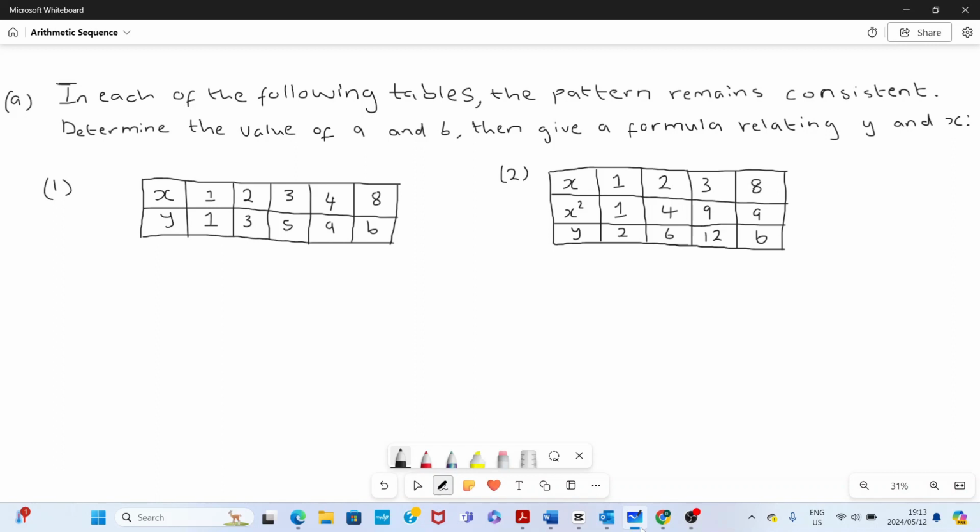So it reads as follows: in each of the following tables, the pattern remains consistent.